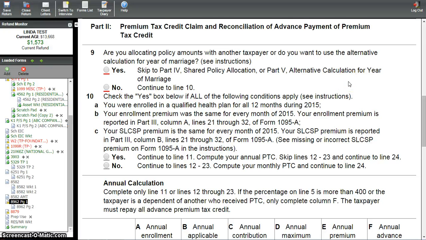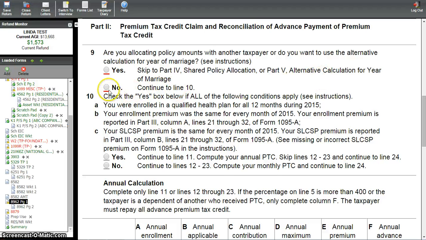They don't have to do it, so if they're willing to have us prepare the return without trying the alternative calculation, that is their choice. But you should advise your client that there's the potential it could change what they owe or the amount of their refund.